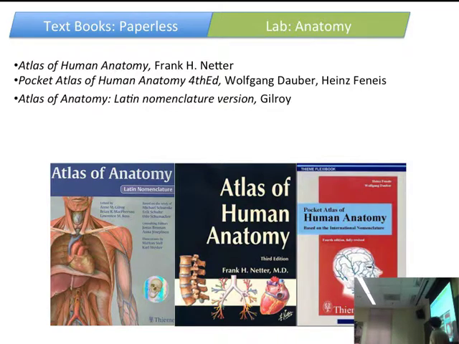That's the one I learned out of. This one is excellent. This Gilroy, very, very detailed, excellent drawings. So you have both of those now. And then this is kind of the most useful field guide you're ever going to find. The drawings are not as detailed, but it's exhaustive and concise. So you have all three of those digitally. Excellent resources, really.